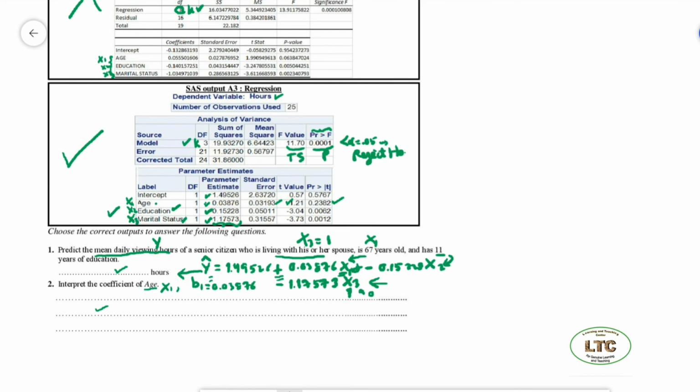Test statistic negative 3.04, p-value 0.0062, smaller than alpha 0.05, reject H0. Like this. Reject H0 means approve HA. HA is beta 2 is not 0.